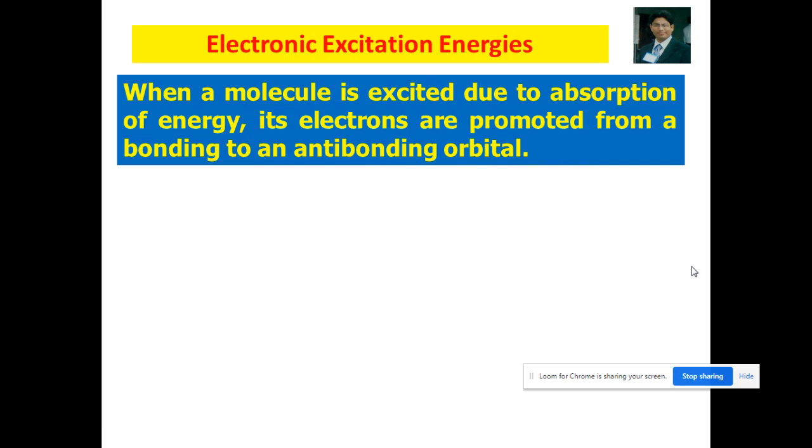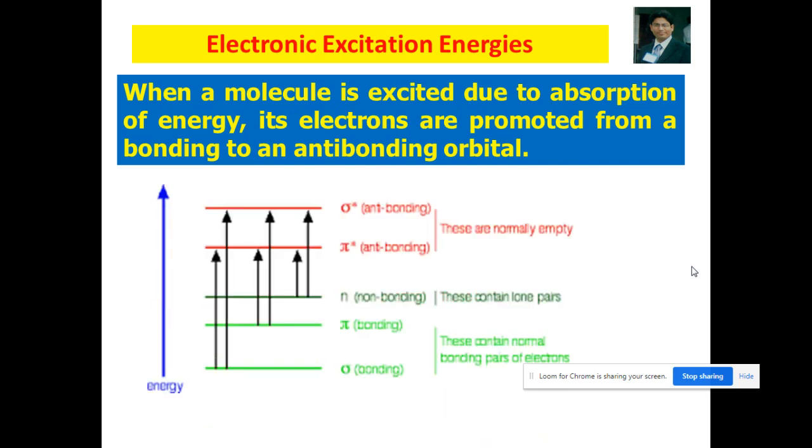Now, electronic excitation energies. When a molecule is excited due to absorption of energy, its electrons are promoted from a bonding to an anti-bonding orbital. Here, a list of transitions is given where molecular orbitals are involved in electronic transition.